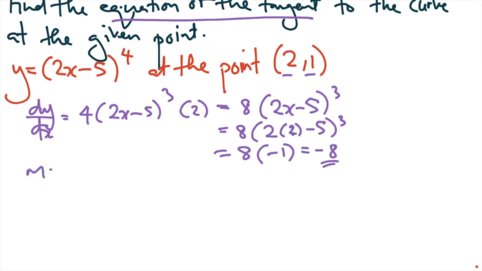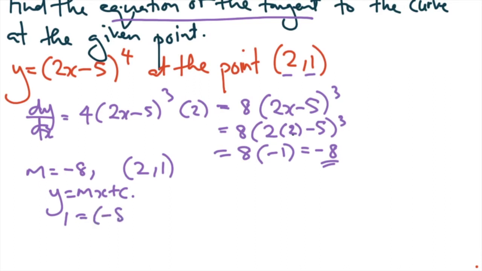So I have the gradient, which is -8, or dy/dx equals -8, and then I have the point (2, 1), and I can find the equation of the tangent. So y equals mx plus c. You plug in y equals 1, your gradient is -8, your x coordinate is 2. From there I can find c.